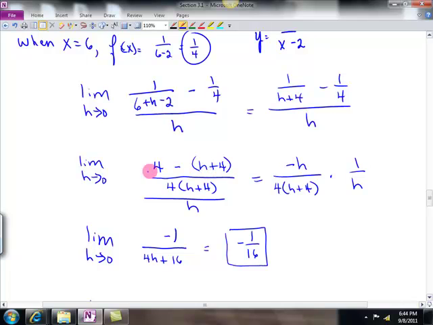And so what happens? I've got 4 minus h minus 4. The 4's are gone. I've got negative h over this stuff. And I went ahead and wrote it as times 1 over h. That's this thing here. Those are going to cancel out, and what's left? Negative 1. Don't forget that. Over this. Then as h goes to 0, you get negative 1 over 16.